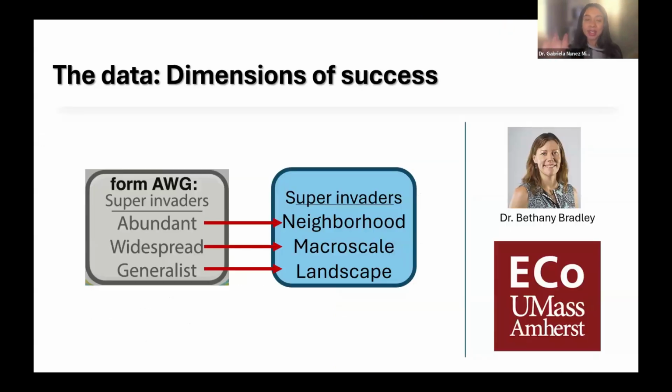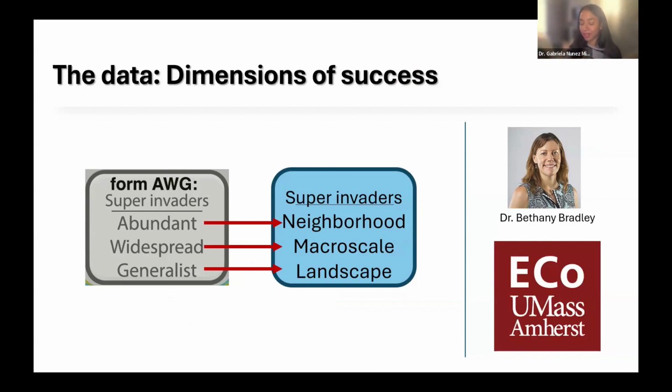So using that data, we set out to investigate what sets apart, among the mechanisms associated with traits, species that are successful at neighborhood, macro, or landscape scales. In other words, are they abundant? Are they widespread? Are they generalists?